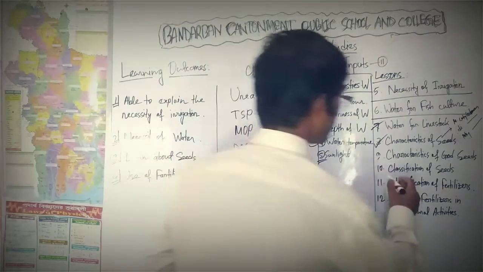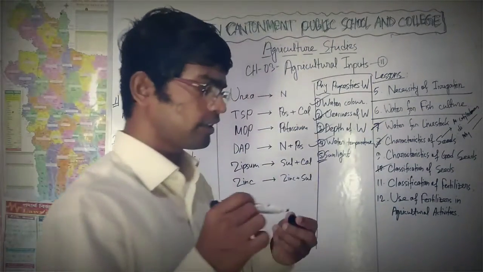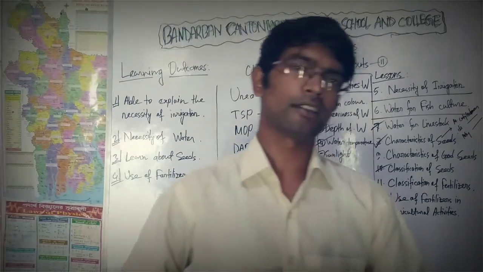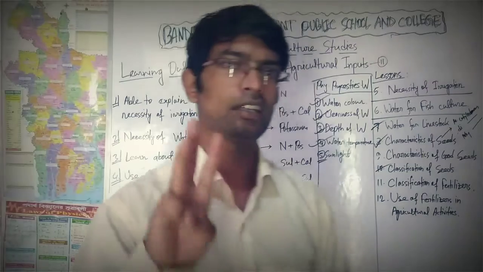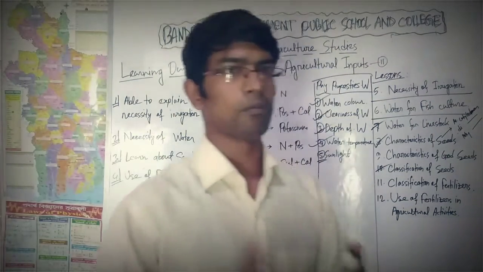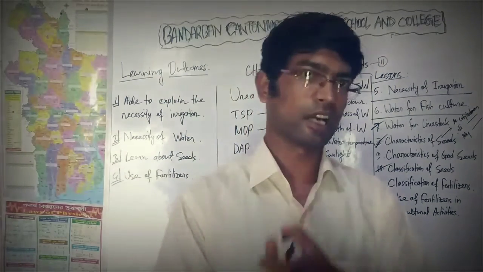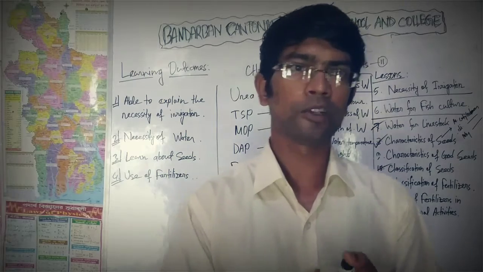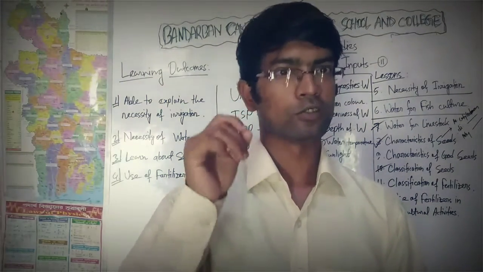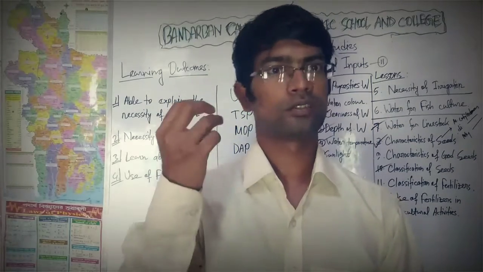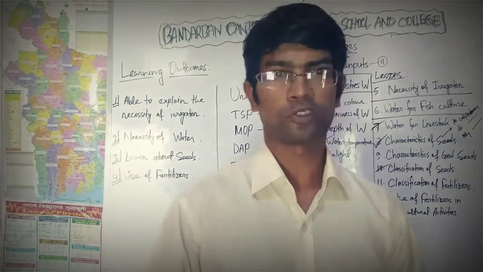And classification of seeds. Seeds may be of many kinds. In a plant, seeds are generally of three kinds: monocotyledonous, dicotyledonous, and polycotyledonous. That means ekbijpotri উদ্ভিদ, দ্বিবীজপত্রী উদ্ভিদ, বহুবীজপত্রী উদ্ভিদ.